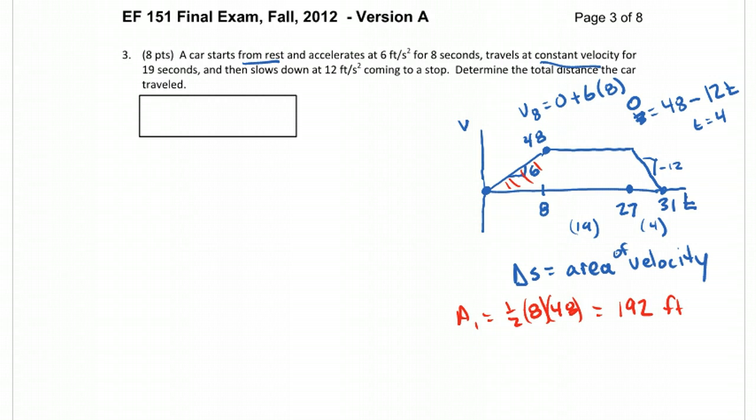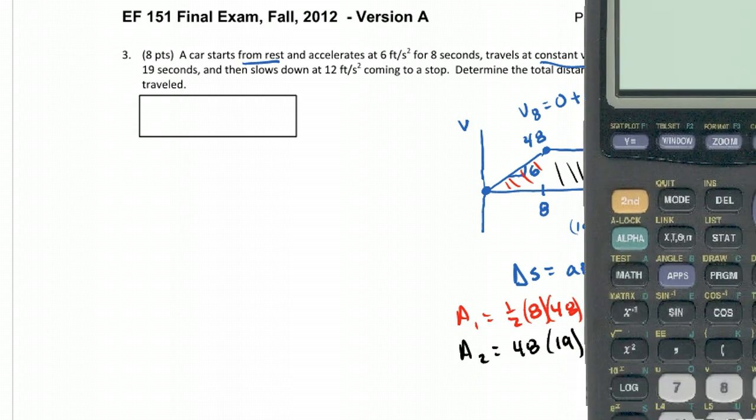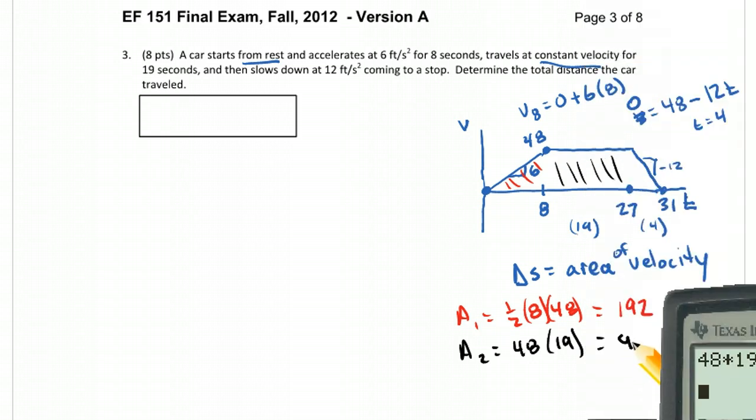Alright, can find area 2 here. Just a rectangle, a height 48 and a length of 19, and that value is 48 times 19, 912.